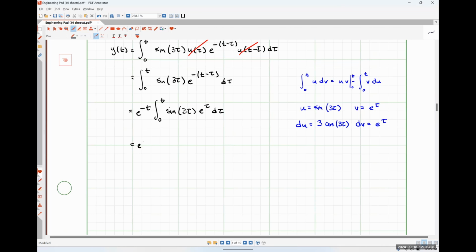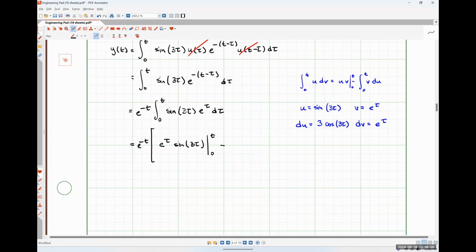So this is going to look like e to the negative t multiplied by u times v, so sine 3 tau times e to the tau. So e to the tau sine 3 tau. I'm going to wind up evaluating this at t and 0, but I'm going to leave it in that form for now.